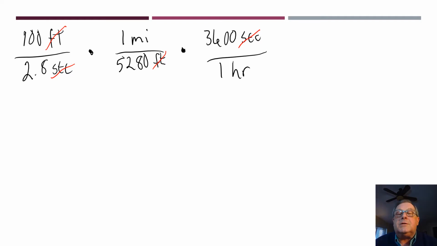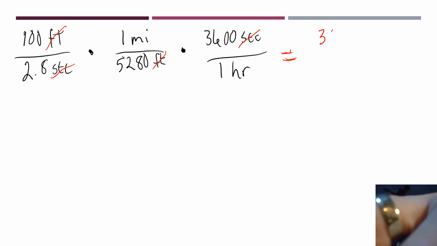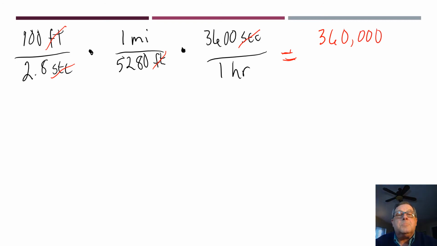And all I'm going to do is multiply all of this across, numerator times numerator, denominator times denominator. So I got 100 times 1, well, that's 1. And then I've got 100 times 3,600. Let's see. Could just add 2 zeros to that. So that's 360,000. And that's going to be over 2.8 times 5,280.